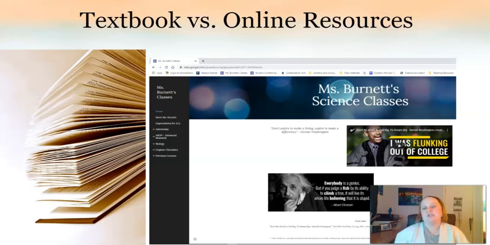So there's this major idea of using a textbook versus not using a textbook. What I have done is I have bridged the two together to create both online resources and the use of a textbook. Within my biology class, we have the online textbook with the one-to-one that students use. I also have a class website where I have information on the various assignments that we do, and I also have additional resources for students to use when they're completing those assignments.